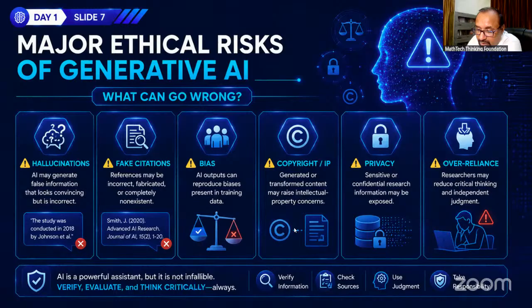For this, we have to go through the details of the policies. Most reputed journals have their own policies about the use of these generative AI tools, and we must be familiar with them.